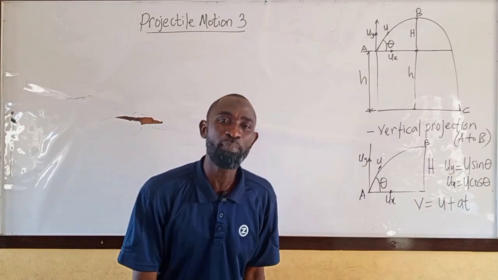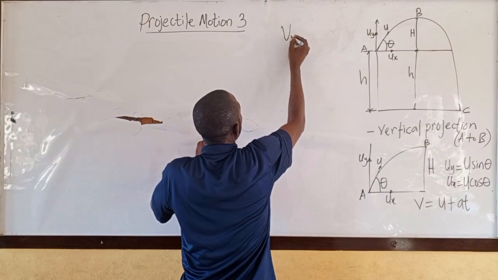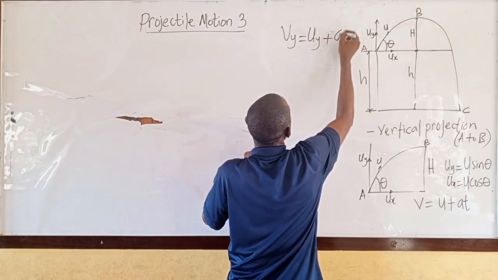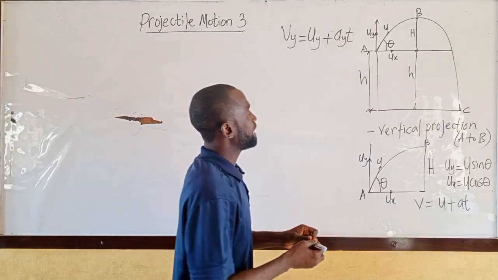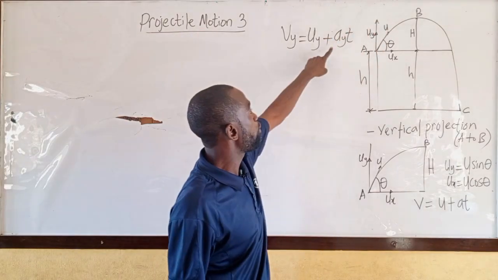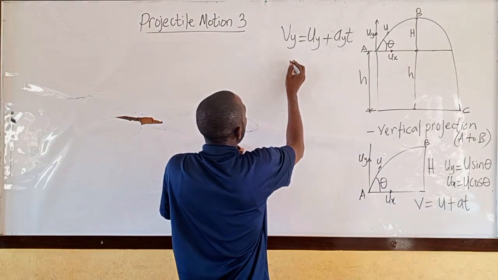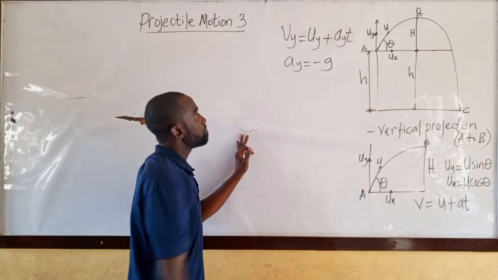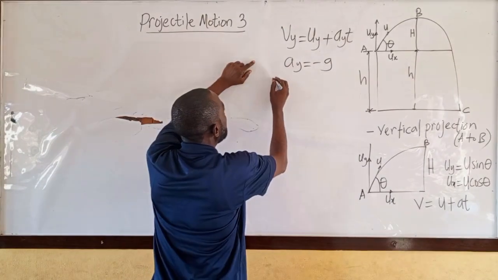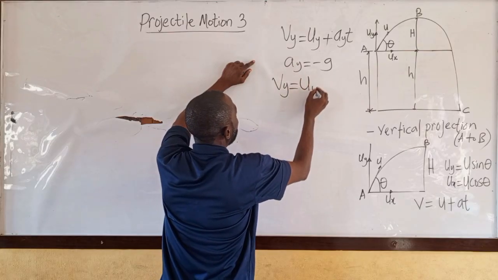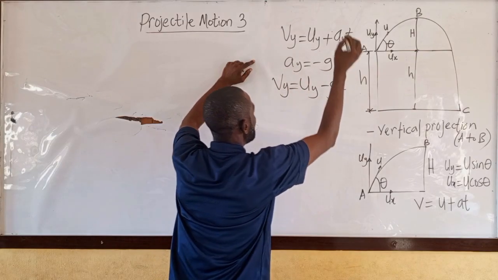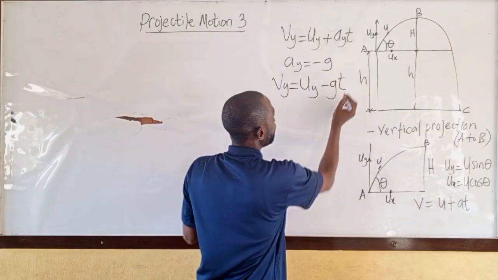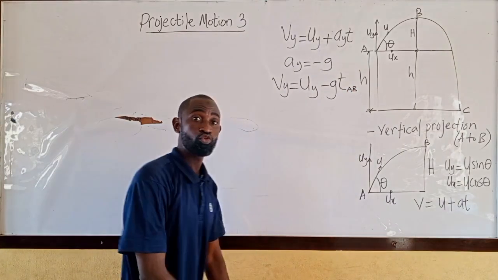Because we are discussing vertical projection, V of Y equals U of Y plus A of Y T. The body is projected upward, moving against gravity, so A of Y is minus G. So V of Y equals U of Y minus GT, where T is the time from A to B.